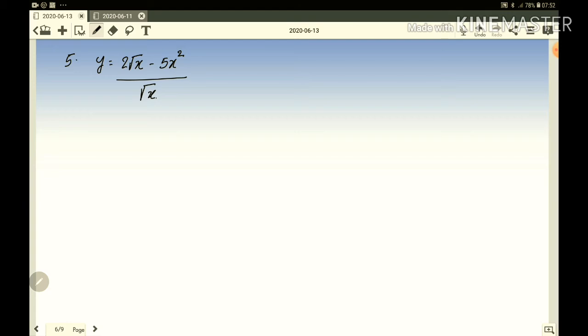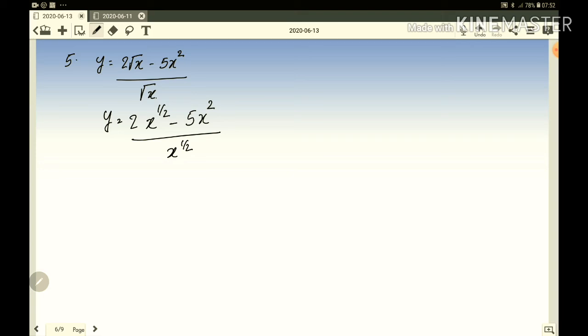Here also the denominator is there, the root is there, so let me change the root first. That is y is equal to 2 times x to the power half minus 5x square divided by x to the power half.